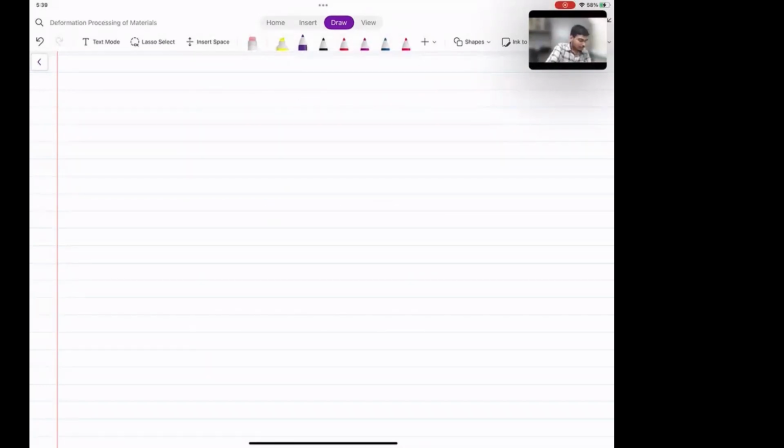Okay, so for the extrusion, basically the die should be made of die steel or any other material which is not easily worn out, and should be properly treated so that it does not wear out easily.